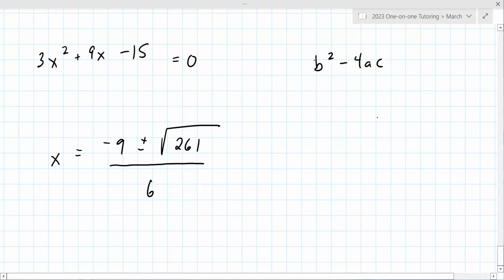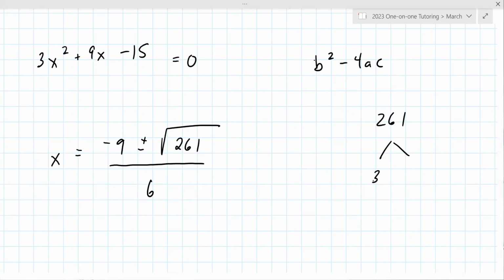All right. Now 261 at first glance, you're like, well, maybe that's prime. 2 does not work because it's not even, but you can't just say, oh, I'm done. Use your calculator. Tell me if this is divisible by 3. Yeah, it's 87.